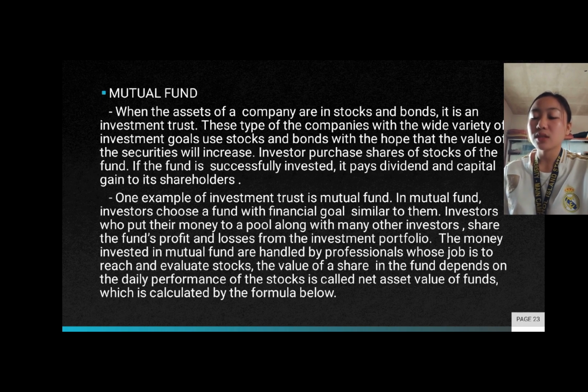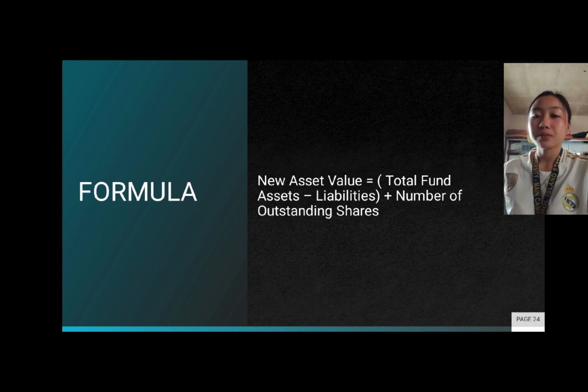The value of a share in a fund depends on the daily performance of the stocks and is called the net asset value of the fund, which is calculated by the formula below. So this is the formula in finding the net asset value. The net asset value is equal to total fund assets minus the liabilities divided by the number of outstanding shares.